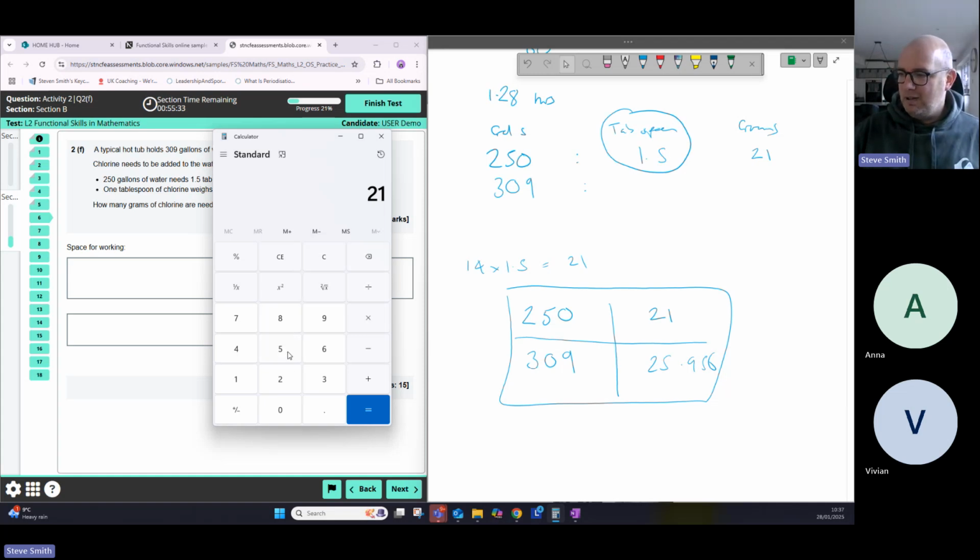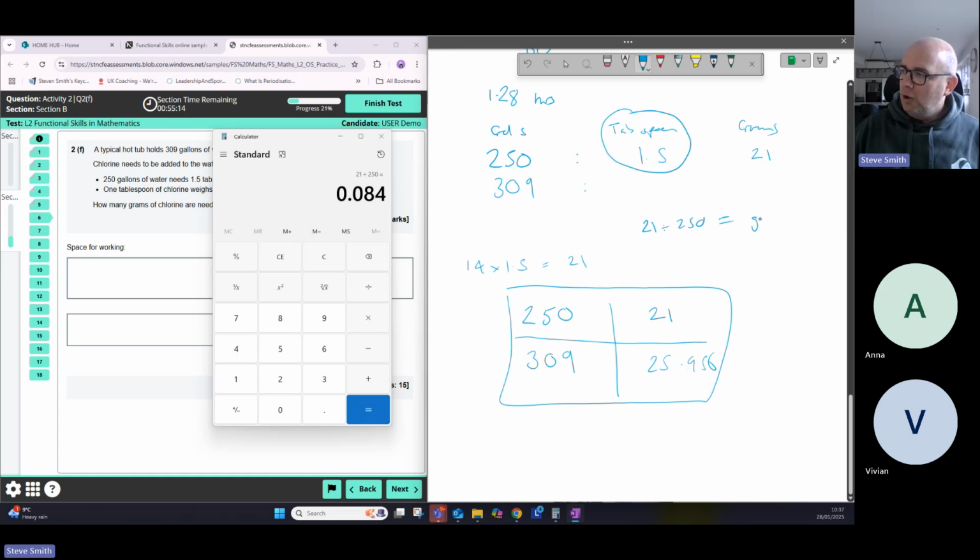So I can get my words out then. 21 is the amount of chlorine we've got, divided by 250 gallons. So that is the chlorine per gallon. So we've done 21 divided by 250 equals grams per gallon.